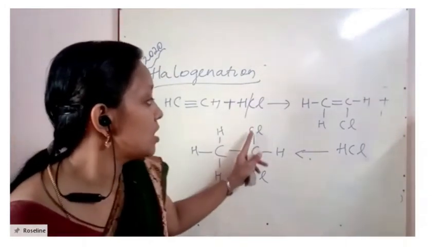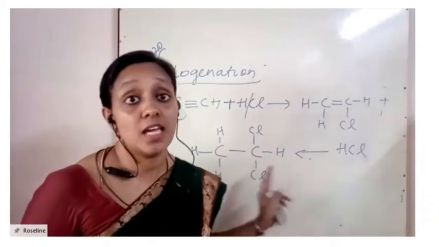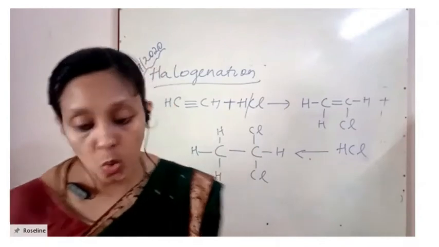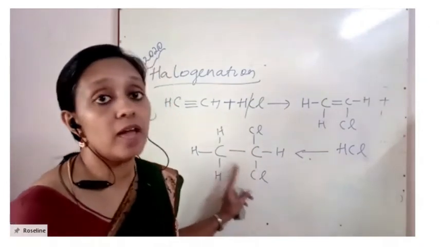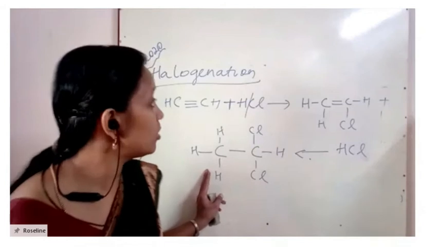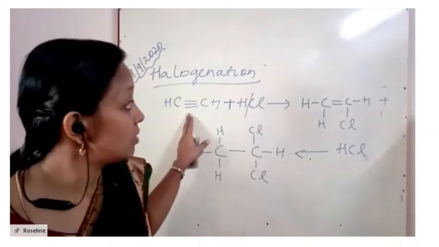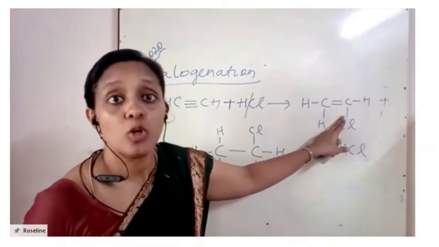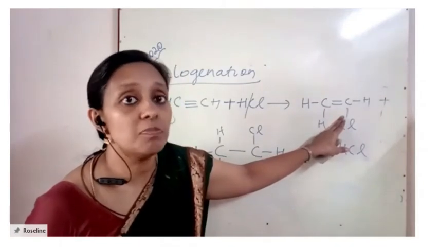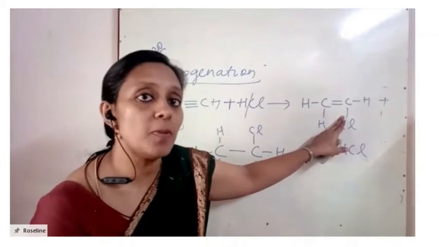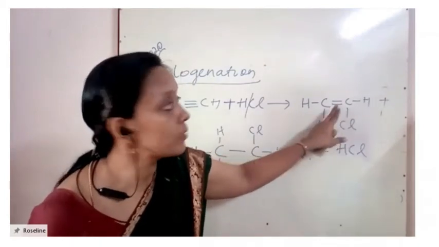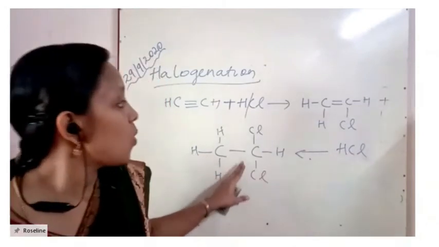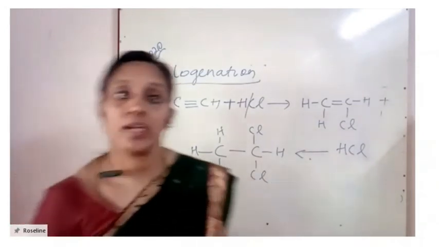So you get CH3CHCl2, 1,1-dichloroethane. Followed. You started with ethyne, and first you got 1-chloroethene. Then again, if you continue adding HCl, you're getting 1,1-dichloroethane.